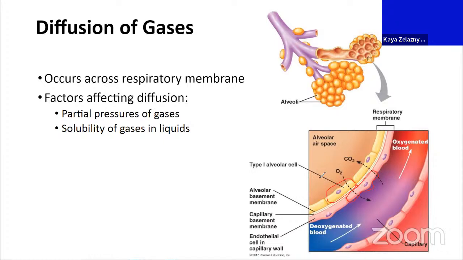Okay. So factors that are going to affect how much oxygen we get in the blood, how much carbon dioxide we get in the blood, are going to depend on our partial pressures of our gases, which are essentially going to be like how much of the air you're breathing is oxygen, right? Like what percent?